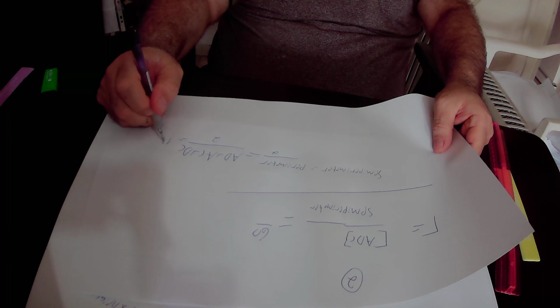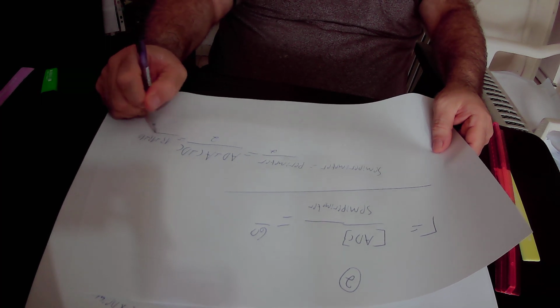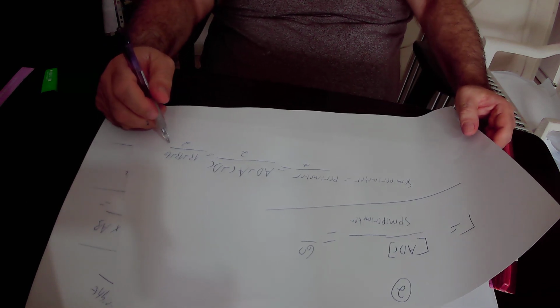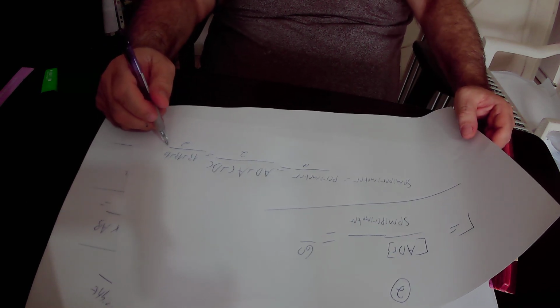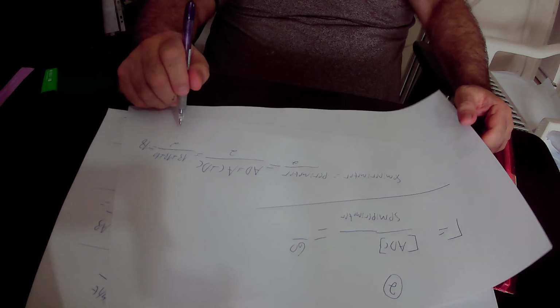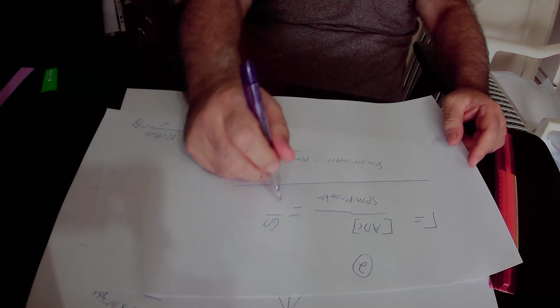AD is 13, AC is 13, DC is 10, all divided by 2. 13 plus 13 is 26, and 26 plus 10 is 36, and 36 over 2 is 18. So we found out that the semi-perimeter of triangle ABC equals 18 units.